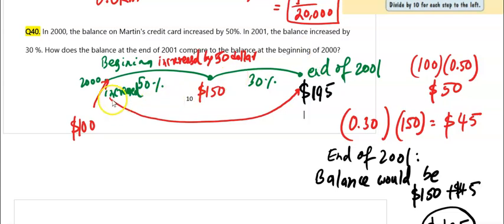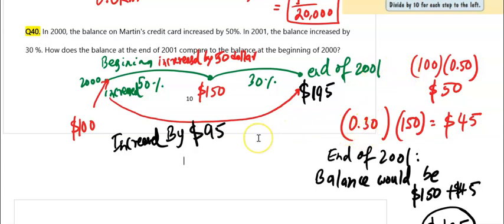So how much percent increase? Obviously, $100 to $195 is an increase of $95. So this is how much percentage? Obviously 95%, because it is a 95 increase from $100.